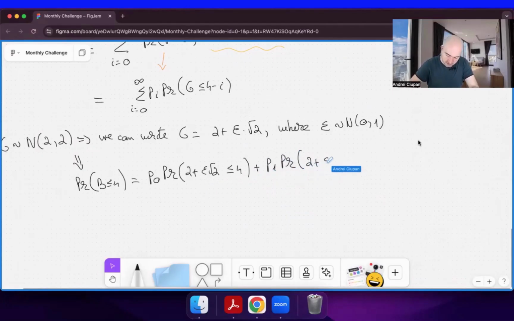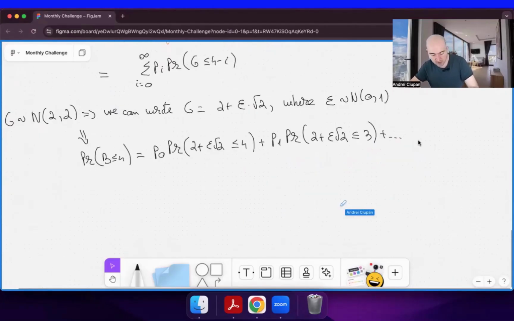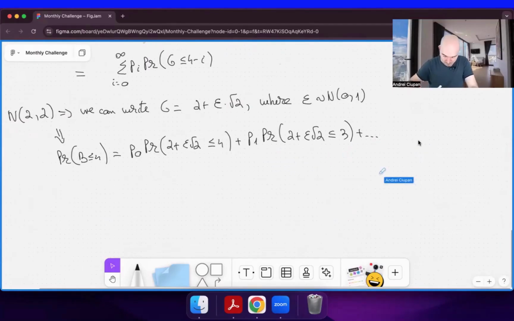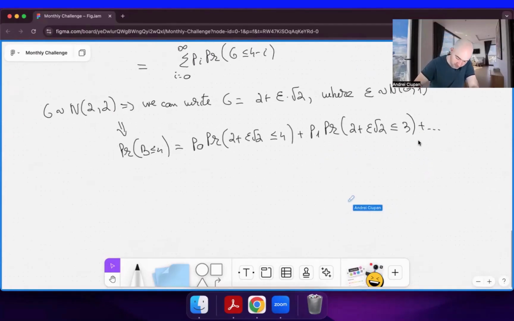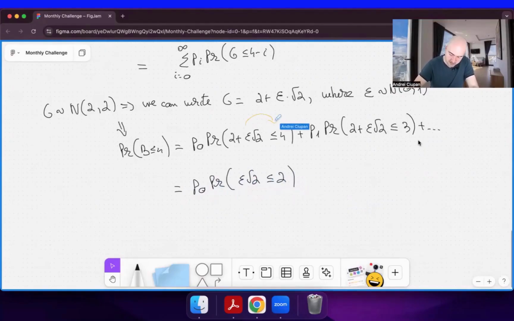So 2 plus epsilon square root of 2 less than or equal to 3. And so on. What I want to do now is write everything in terms of epsilon, because we know a lot of things about the normal 0, 1. So 2 plus epsilon square root of 2 being less than or equal to 4 is the same thing as saying epsilon square root of 2 less than or equal to 2. I'm basically just moving the 2 to this side.